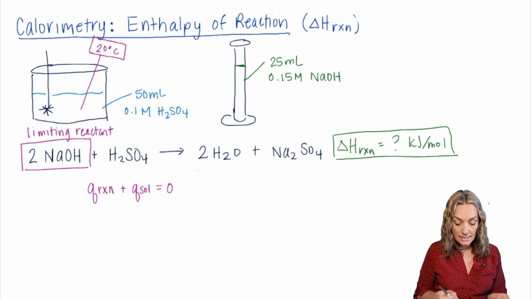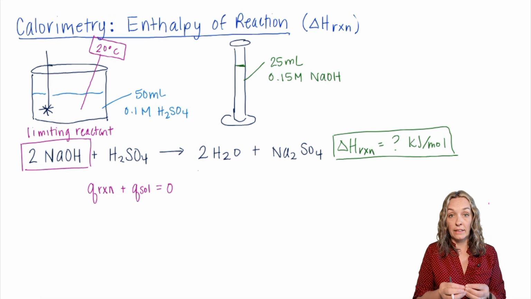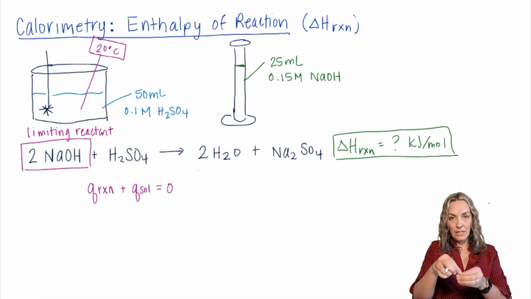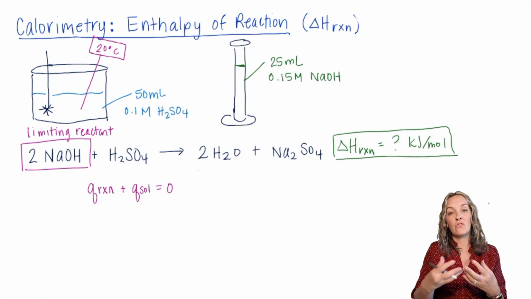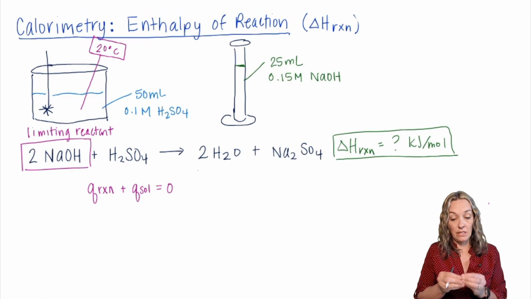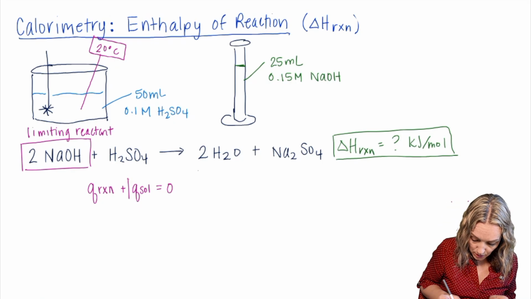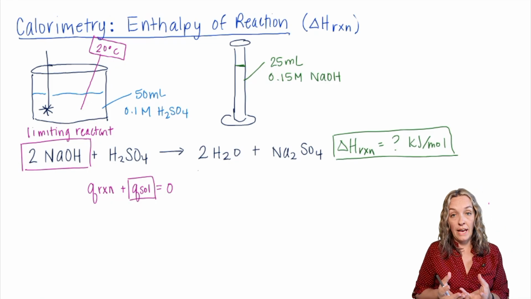Now, the problem is that I cannot measure the NaOH and H2SO4 reaction directly. So I can't stick a thermometer in and measure the temperature change of the NaOH and H2SO4 on its own individually. But I can measure the Q of the solution around the reaction.